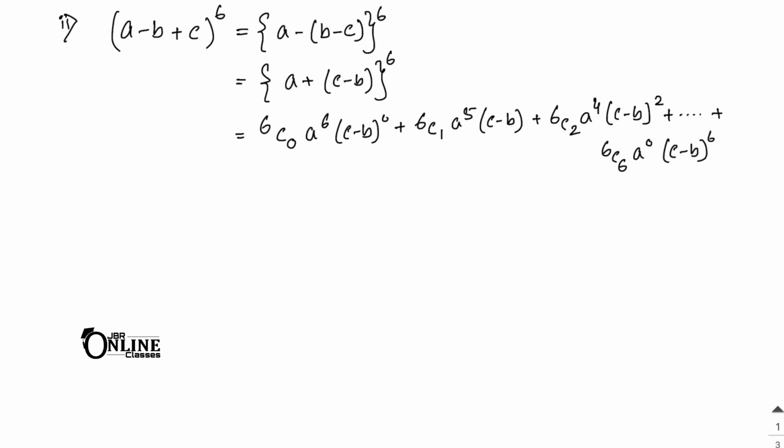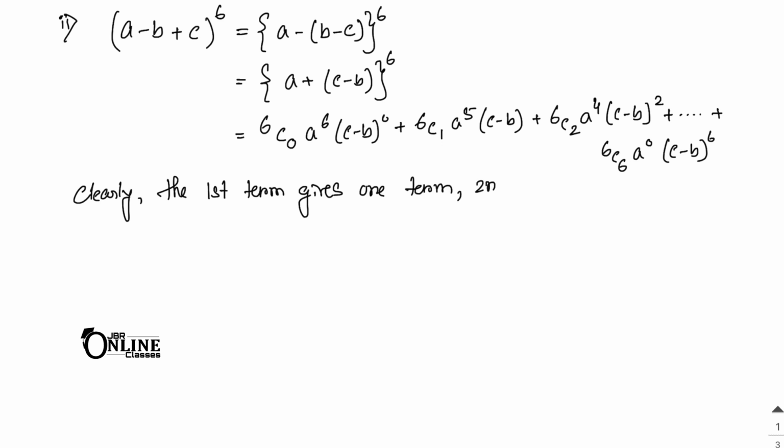Now here clearly, the first term in the above expansion gives one term. Clearly the first term gives one term.